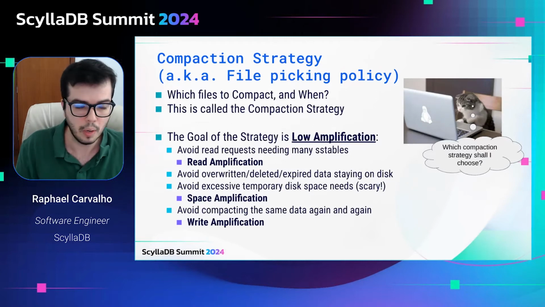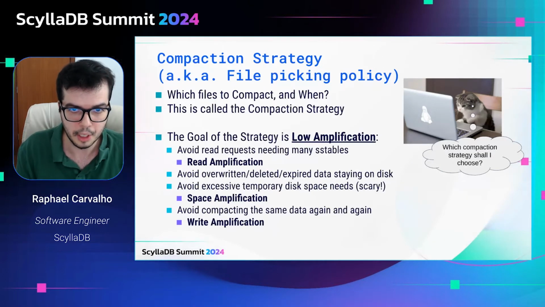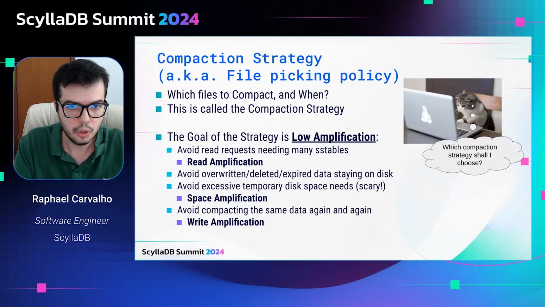You also want to avoid excessive temporary disk space, which increases the cost of maintaining your database. Because if the space amplification is high, it means that you need more spare disk space in order for your database to work.